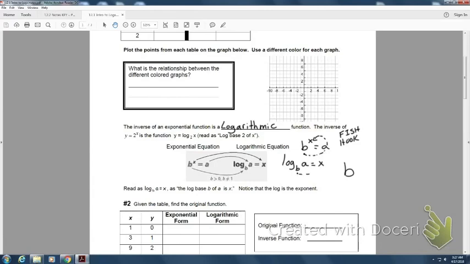I go across the equal sign. So b to the power of x equals a. And it still has that kind of fish hook pattern. And I'm just going from exponential to log back to exponential. It's the same thing I started with. So whenever you're asked to convert it from one to the other, that's all you're going to do. It should be pretty simple. Okay?